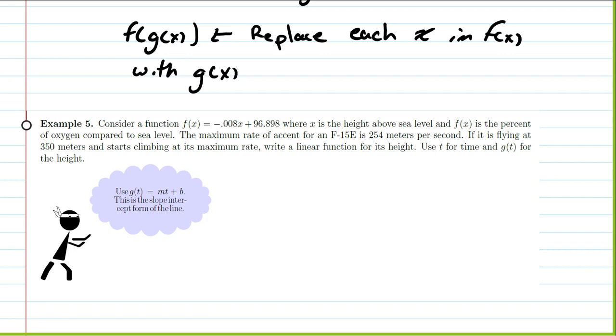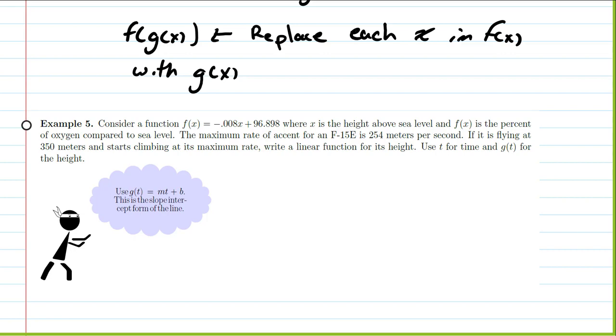The maximum rate of ascent for an F-15E is 254 meters per second. If it is flying at 350 meters per second and starts climbing at its maximum rate, write a linear function for its height. Use t for time and g of t for the height.